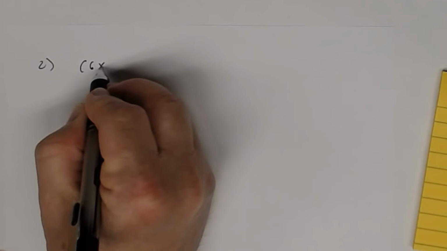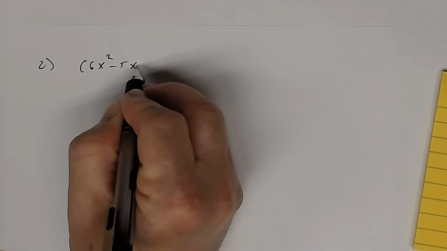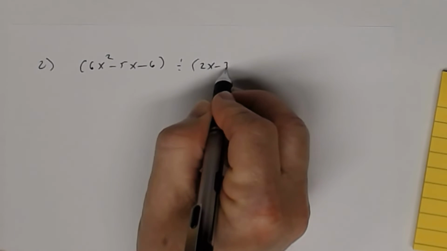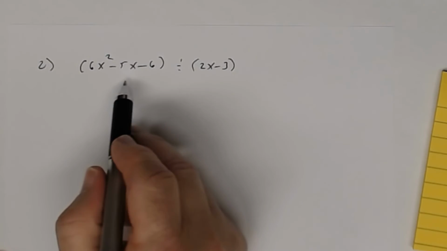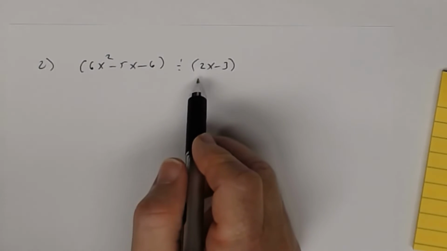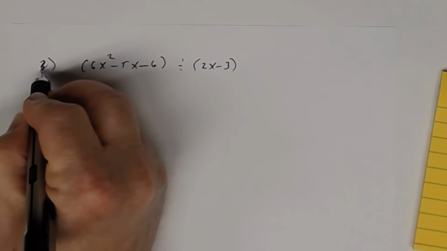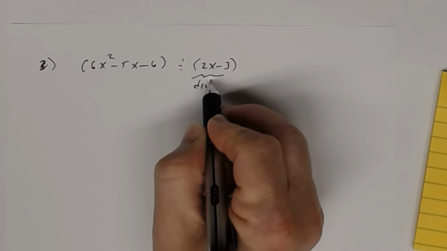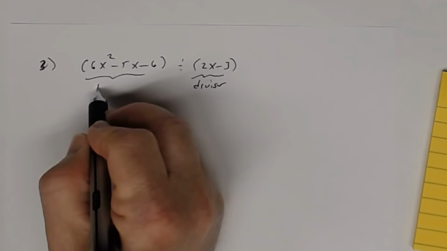So number 3, we have 6x squared minus 5x minus 6 divided by 2x minus 3. Now, just to remind you, we all know now that this is the divisor, right? And this is the dividend.